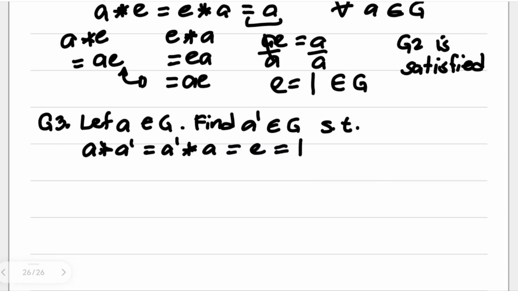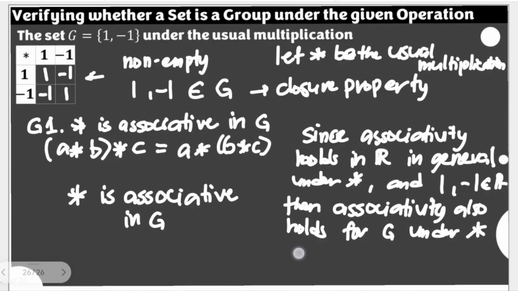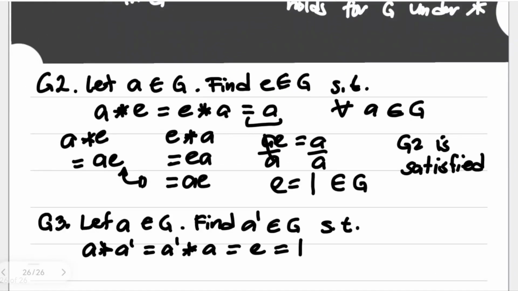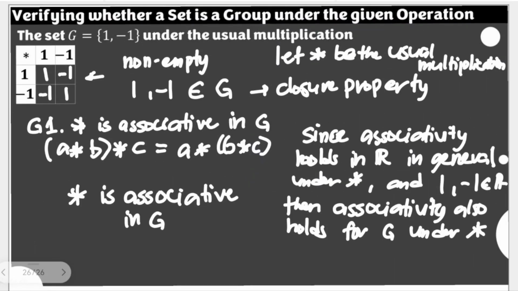I told you earlier the Cayley's table will be very important here, as we're going to look at it and go back to our situation here. Of course, I forgot to say that this is also being captured by G2 already. Look at our item here.